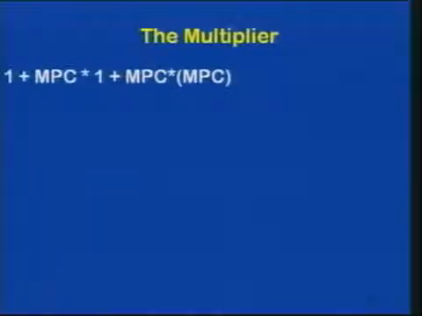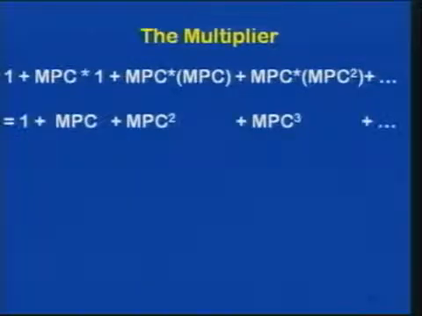That becomes income to somebody, and they spend that portion of it. You just continue this on out forever, and you get 1 plus the marginal propensity to consume plus marginal propensity to consume squared plus cubed plus all the way out to infinity. How many of you remember your infinite sums?